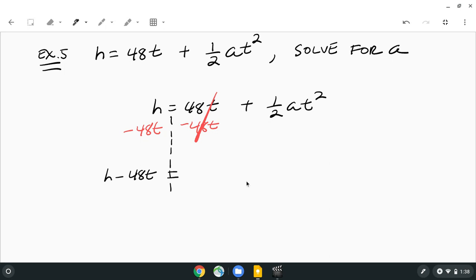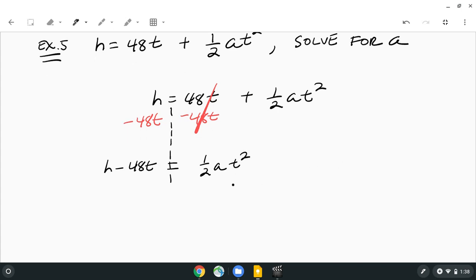If you can't actually do the calculation, then all you have to do is bring it down. Over here, I'm going to bring down 1/2 AT squared. And now I need to solve for A.